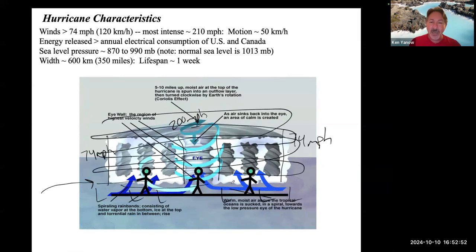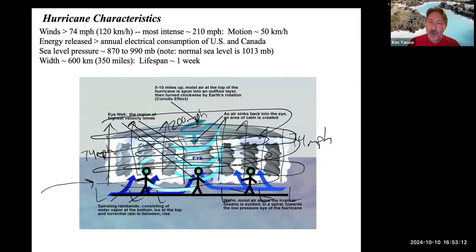It's a series of spiral bands, a series of low pressure systems within a major low pressure system. It's bizarre. And all this air from the low pressure system goes to the upper atmosphere.